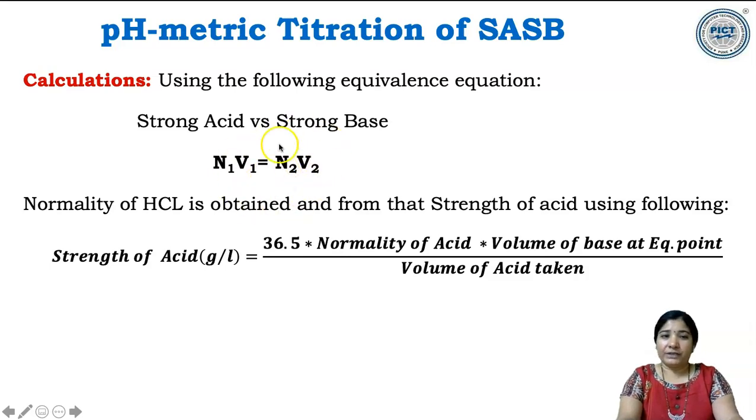Once we get the normality of acid, the strength can be calculated using this formula: strength of acid is equal to 36.5, which is the equivalent weight of the acid, into the normality of acid, which we calculated from the equivalence equation, and the volume of base at the equivalence point, which we obtained from the pH metric titration curve, divided by the volume of acid taken.